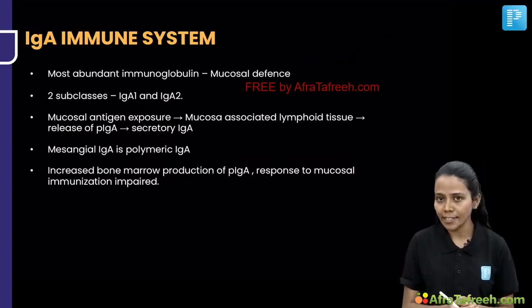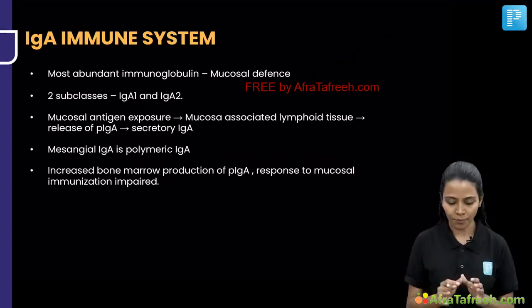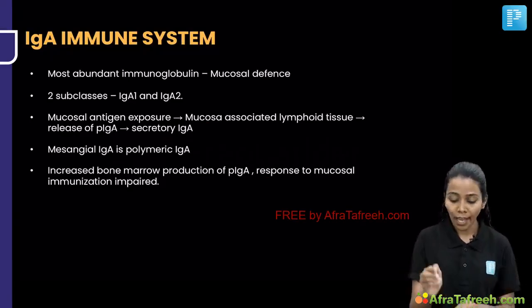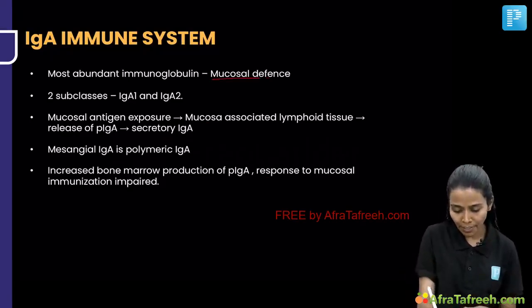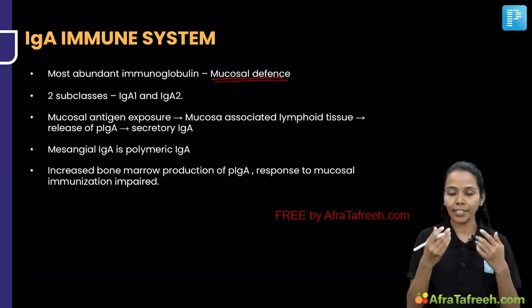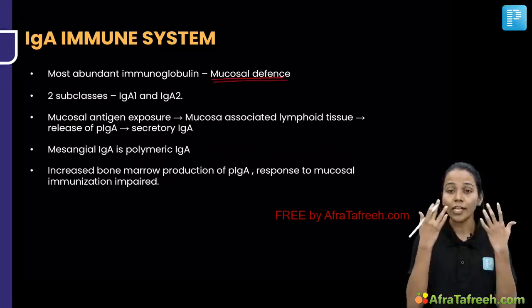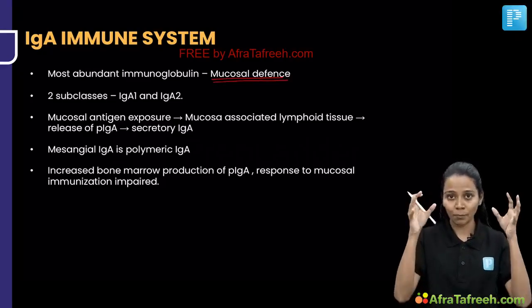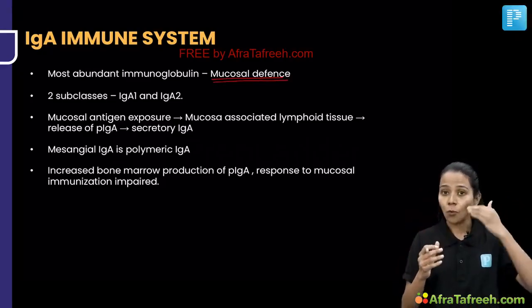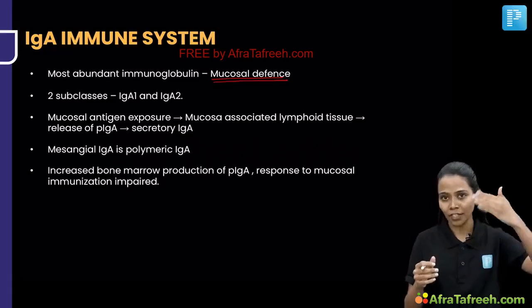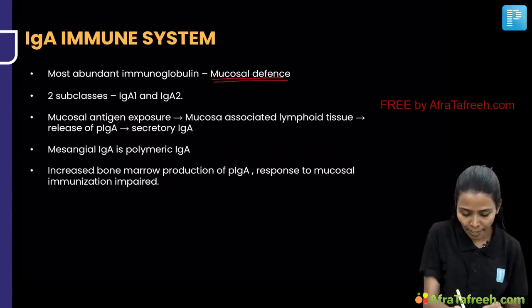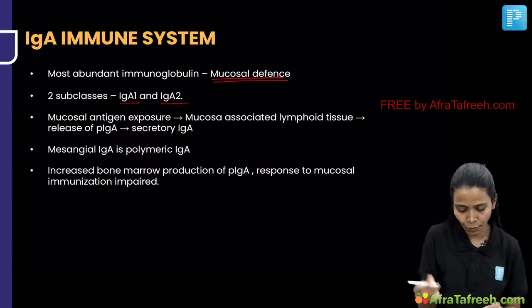Now let us learn about the IgA immune system. IgA is the most abundant immunoglobulin, and it mostly plays a role in mucosal defense, like it might be gut mucosa or respiratory tract mucosa. So this immunoglobulin is majorly found there, warding off whatever infection it comes in contact with. So it has two subclasses, IgA1 and IgA2.